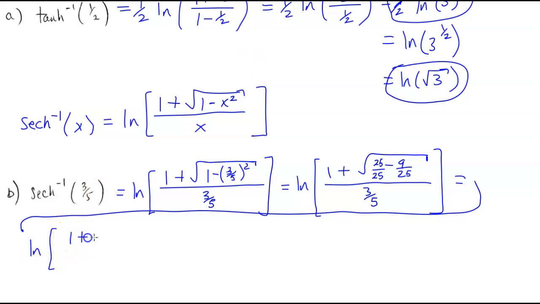So we've got 1 plus square root of 16 over 25, all over 3 over 5. And of course, square root of 16 over 25 will be the same as 4 over 5.